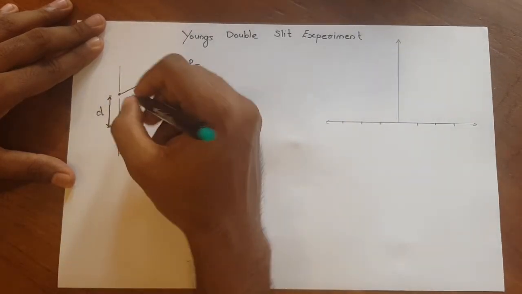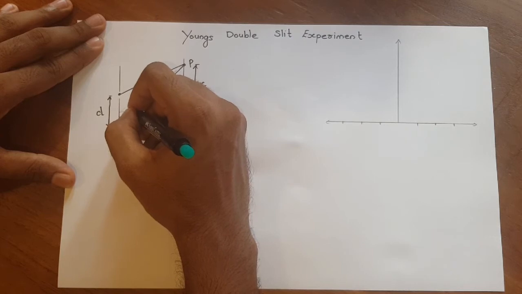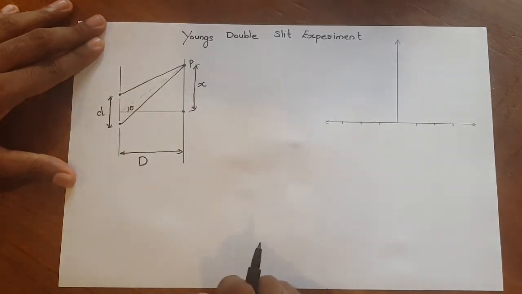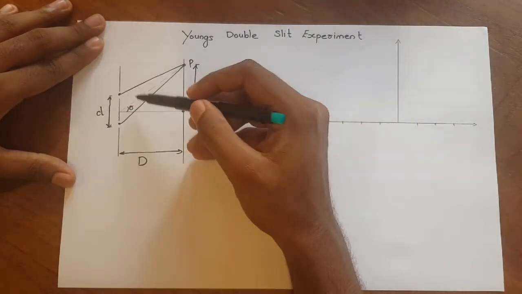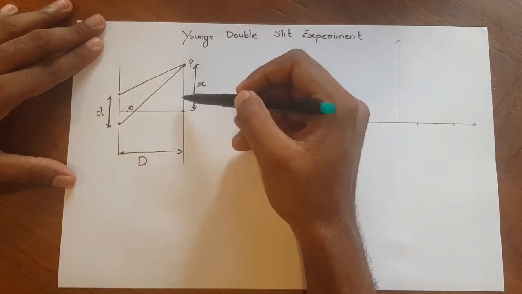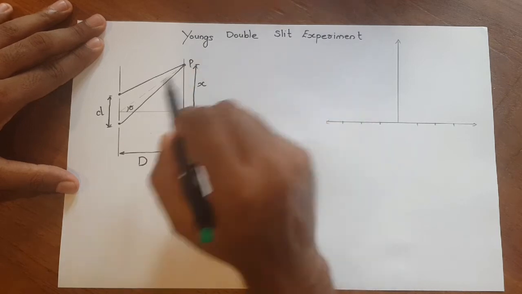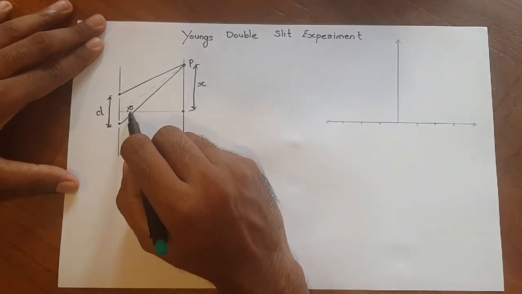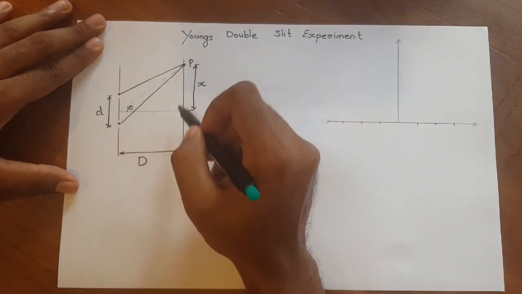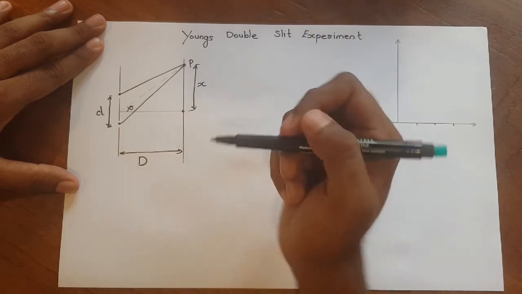I'm assuming that this point is at an angle theta from this horizontal line, so that as theta changes, the position of this point on the screen will change. So this point can be denoted just by marking this angle theta. As theta changes, the position of the point P on the screen will automatically change.